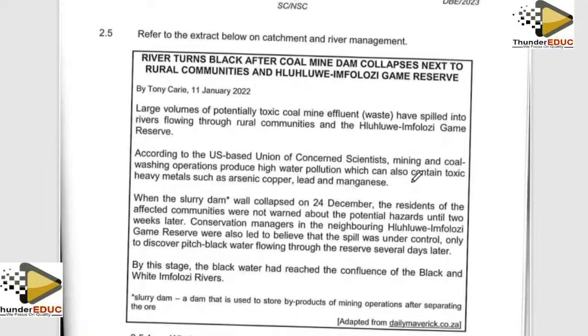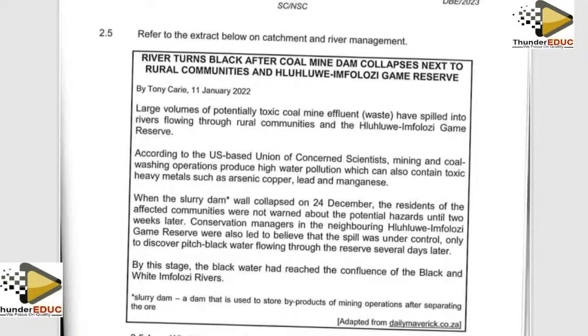Okay, according to the US-based Union of Scientists, mining and coal washing operations produce high water pollution, which can also contain toxic heavy metals such as arsenic, copper, lead, and manganese. When the Slurry Dam wall collapsed on the 24th December, the residents of the affected communities were not warned about the potential hazards until 2 weeks later.